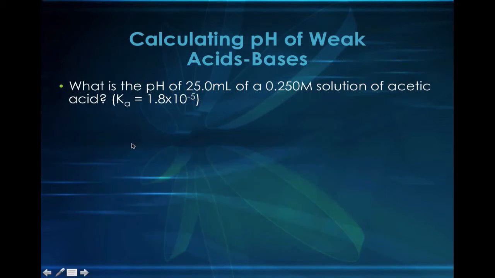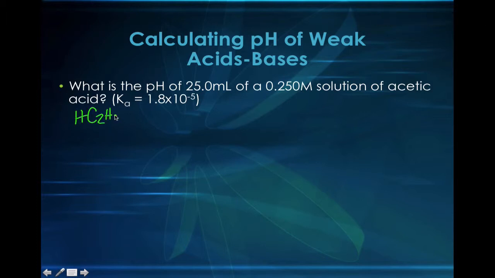So this question says, what is the pH of 25 milliliters of a 0.25 molar solution of acetic acid? Because they gave me a Ka and acetic acid is not on my list of strong acids, I know I'm going to have to do an equilibrium type of reaction, with ice tables and an equilibrium expression. The first thing I want to do is write out what happens with acetic acid.